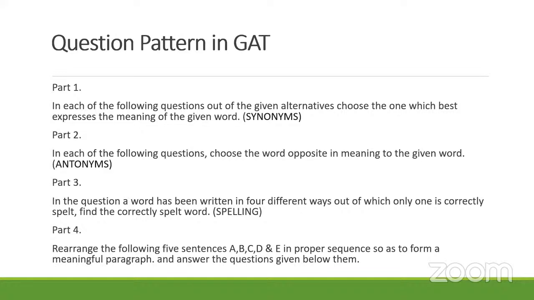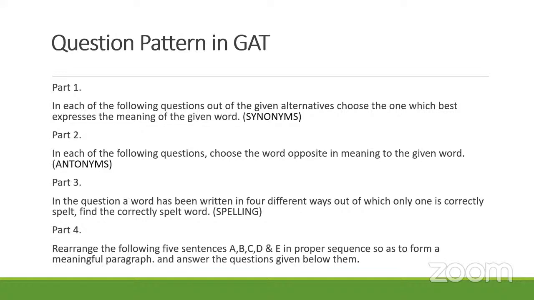Now, the fourth part is where you will be given a lot of different sentences. It's basically jumbled up, not given in a proper sequence. Then there will be questions following it, where you will get 3 to 4 questions. In these questions, they'll be asking what is the sentence that could come first, or what would be the sentence that should be in the third position, and what is the sentence that's last, or something like that.